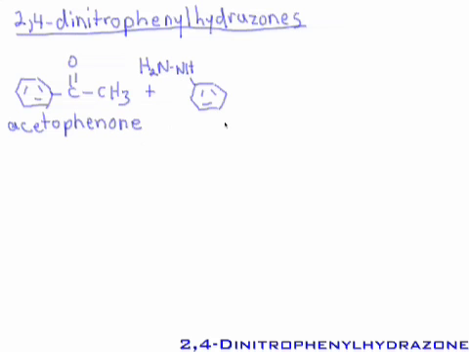Okay. But off of it, if we number this 1, we go 1, 2. There's a nitro group here. NO2 is a nitro group. 3, 4, and a nitro group here. So this is a 2,4-dinitrophenylhydrazine, all one word.